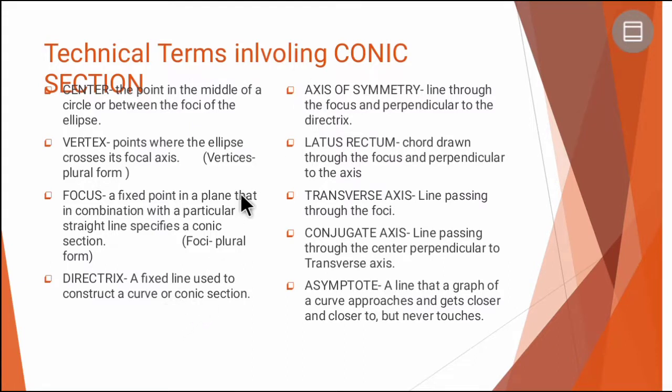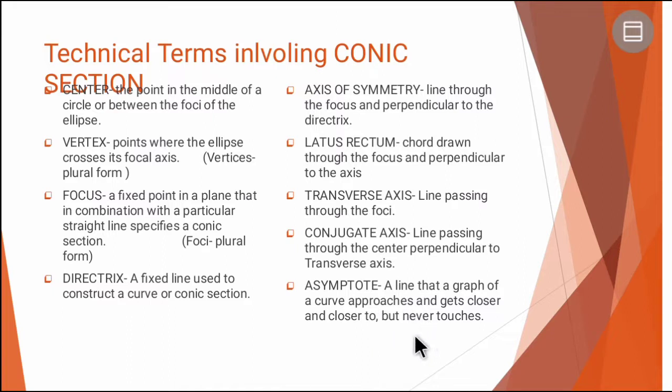Basahin ko na lang. I-explain ko when we already encountered this. Next, axis of symmetry: a line through the focus and perpendicular to the directrix. Latus rectum: chord drawn through the focus and perpendicular to the axis. Transverse axis: a line passing through the foci. Conjugate axis: a line passing through the center perpendicular to the transverse axis.